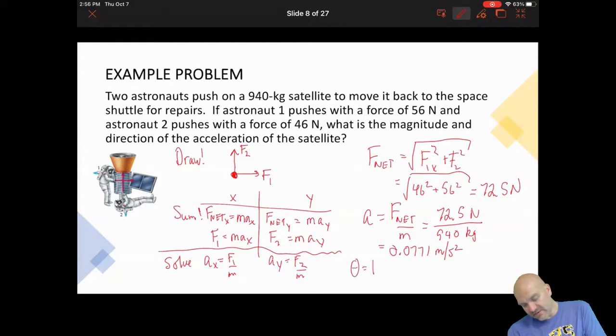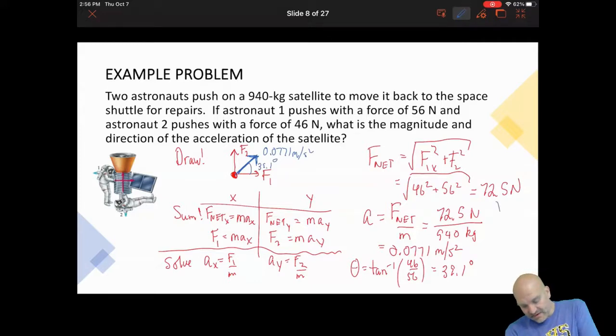Now I need to find the direction by doing the inverse tangent of my y, which is 46, and my x, which is 56. And we're going to find that this satellite will accelerate at 0.0771 meters per second squared, and the angle would be 39.1 degrees. Okay.